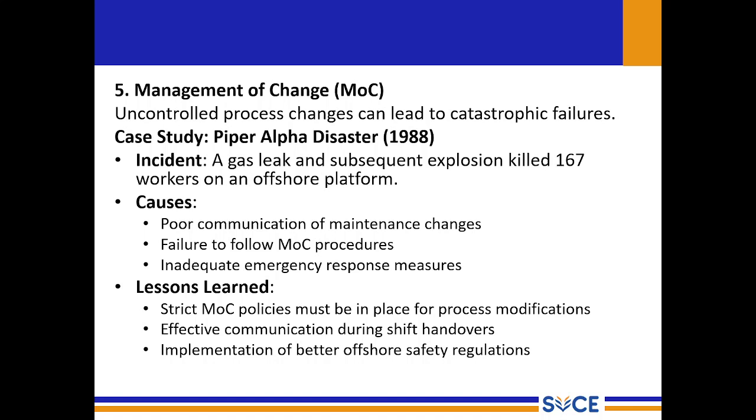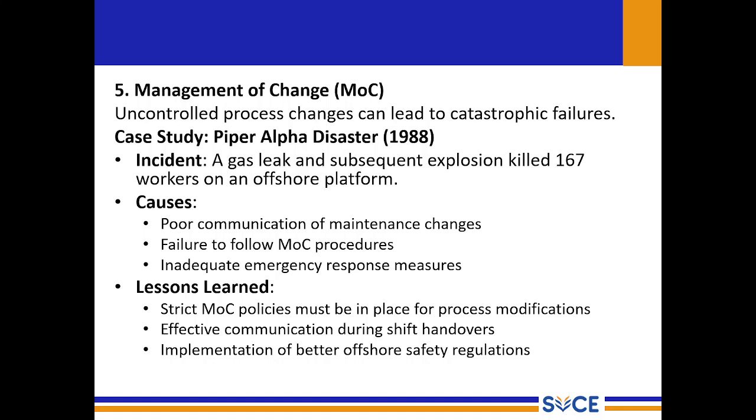We are going to discuss the Piper Alpha case study. The incident happened on July 6, 1988, at Piper Alpha, an offshore oil platform in the North Sea. What happened? A gas leak caused a massive explosion on the platform. The resulting fire spread rapidly, destroying the structure. 167 workers were killed, making it the deadliest offshore oil disaster.